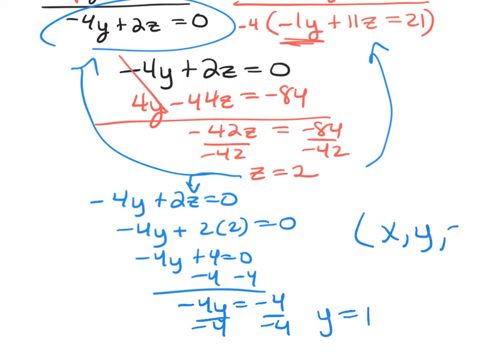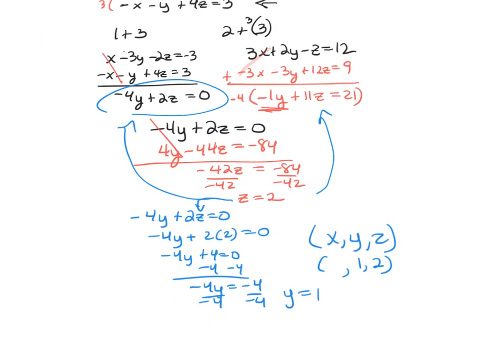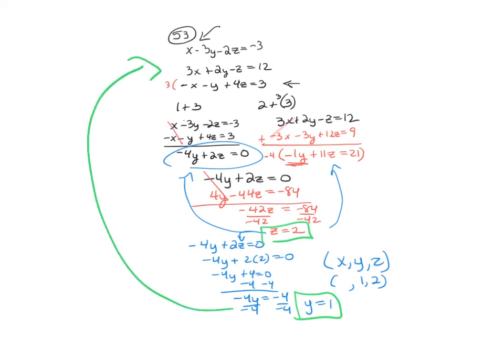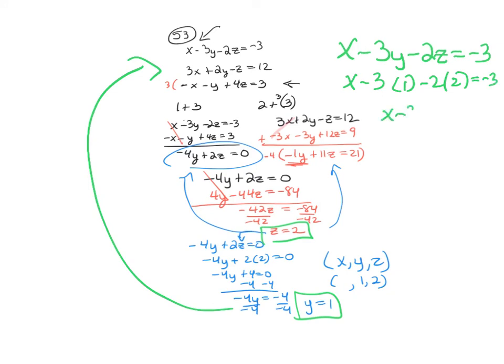So x, y, z. So far I found y and I found z. I still need to go back and find x. So now what I'll do is I'll take this and go back to the beginning and plug it into one of these. I'm going to do the first one. x minus 3y minus 2z equals negative 3. x minus 3 times 1 minus 2 times 2 equals negative 3. x minus 3 minus 4. x minus 7.